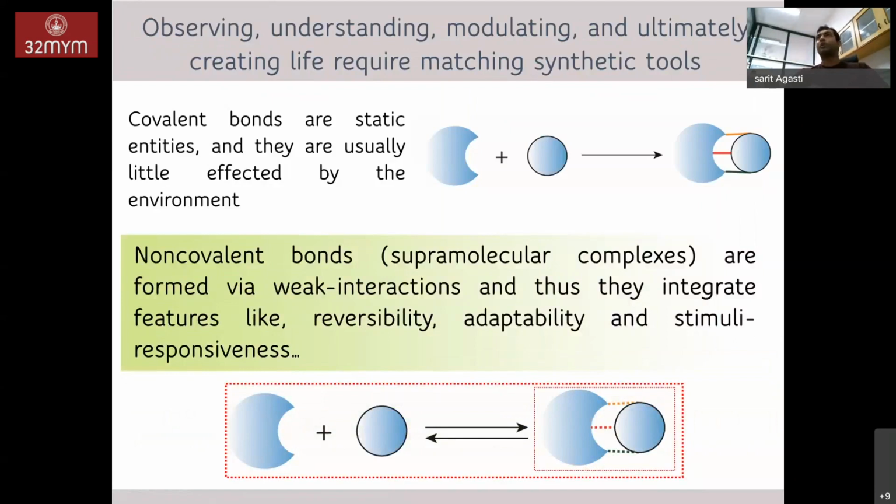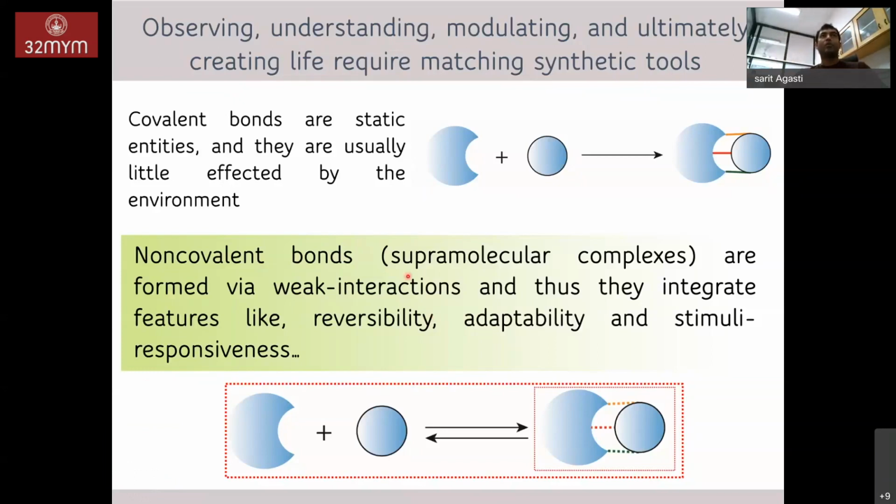Either you can take molecules which form a covalent bond. However, the challenge is that covalent bonds are usually static, and they are less perturbed by the environment, right? So they may not be suitable to make a synthetic system which is like life-like materials.